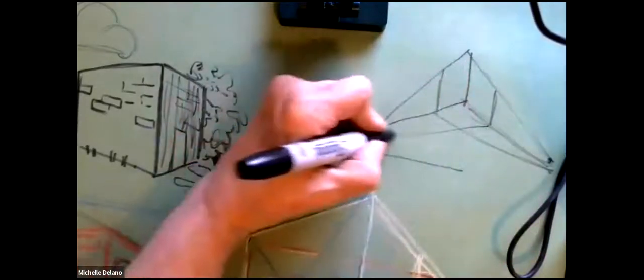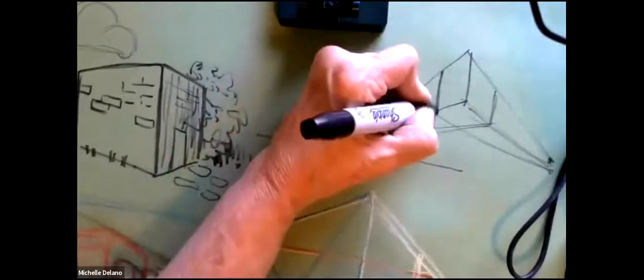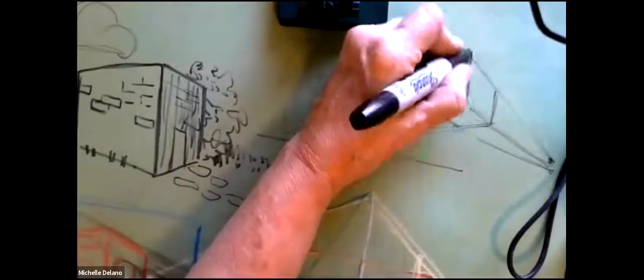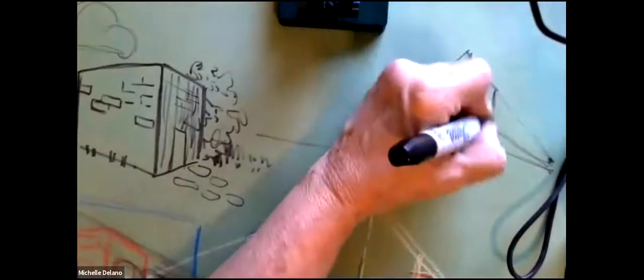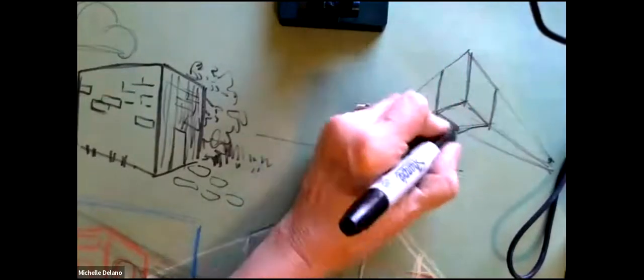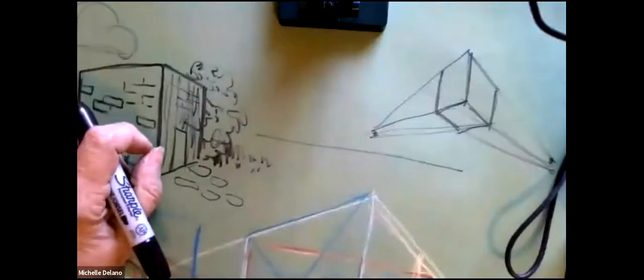So like if you wanted to make a UFO or you wanted to make a floating building, because the points are above the vanishing, the horizon line, it will look like it's floating.